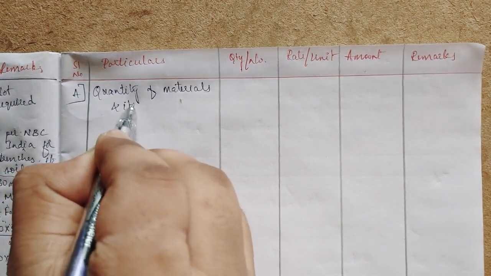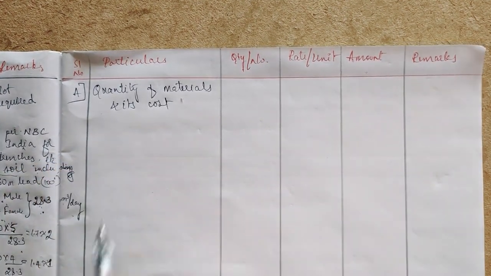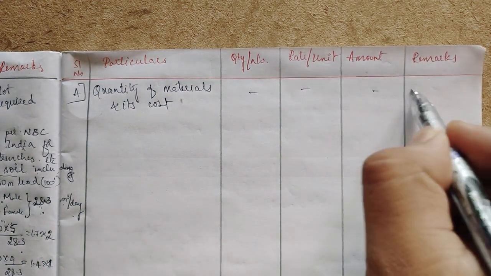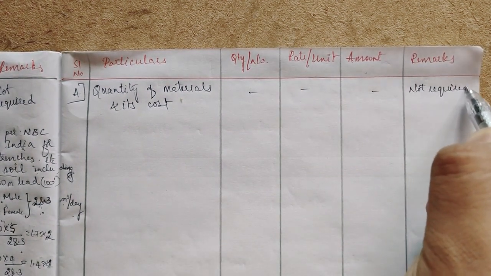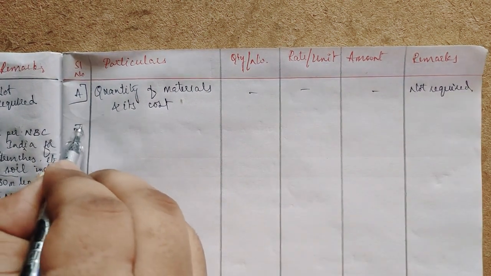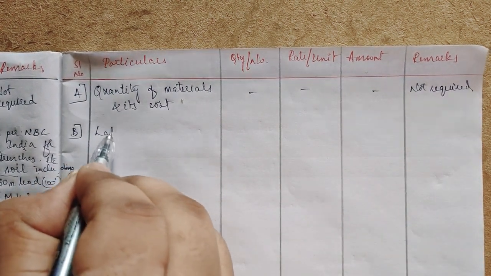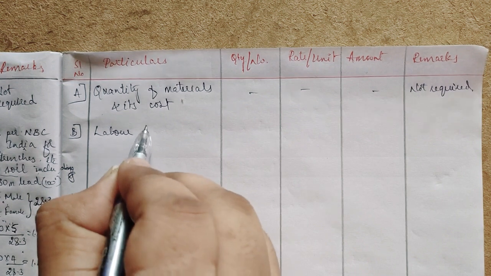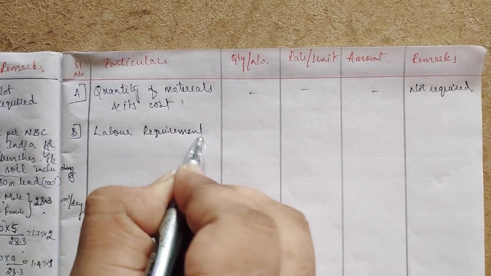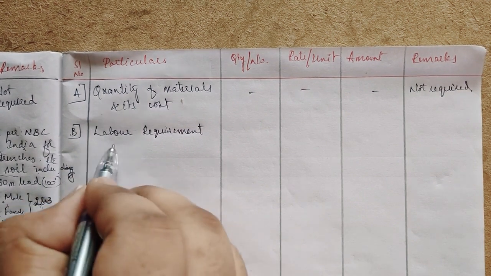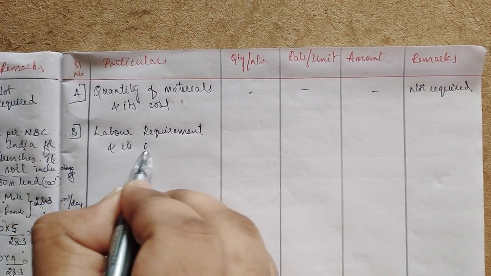Is it required? Not required. Now B, that is labor requirement, correct, and its cost.